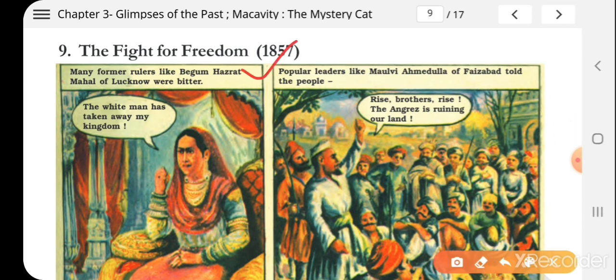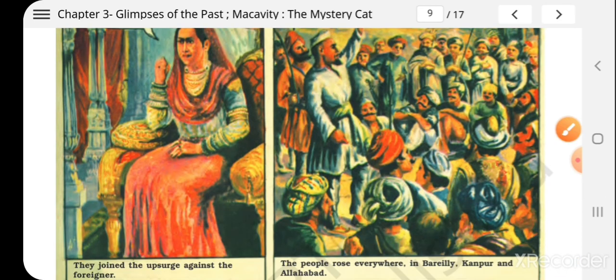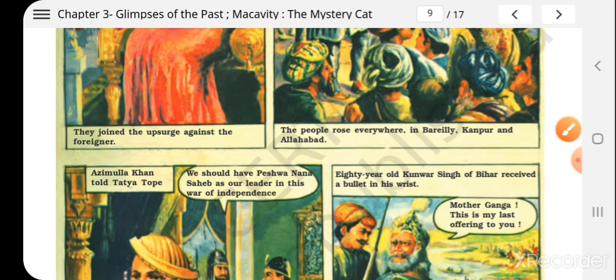Popular leaders like Maulvi Ahmadullah of Faizabad, so ये Faizabad से थे, told the people that rise brothers, rise, the Angrez is ruining our land, we have to unite and we have to fight against them. The people rose everywhere in Bareilly, Kanpur and Allahabad, everywhere.